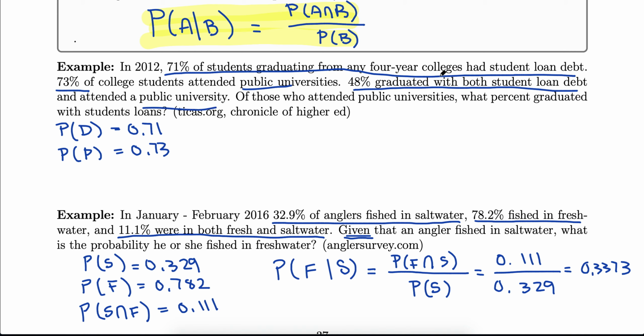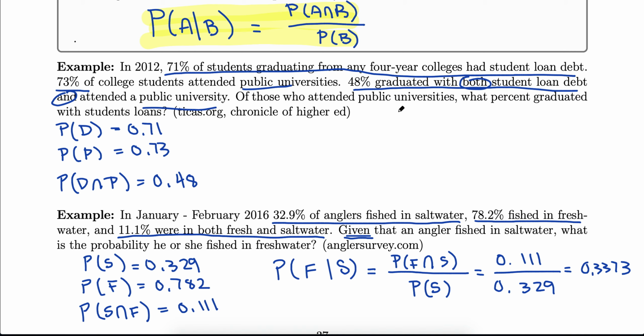There's our key word here, the both or the and part, so both of these things happen. So the probability of debt and public was a whopping 0.48. Now here's our question. Of those who attended public universities, notice that language, it's not speaking about all college students.